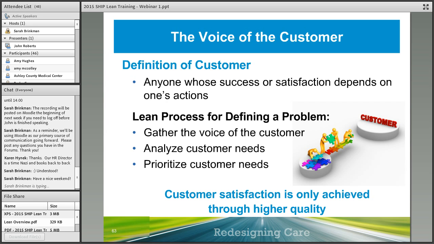We know that values-based purchasing is going to include patient satisfaction. It's going to include quality outcomes indicators.